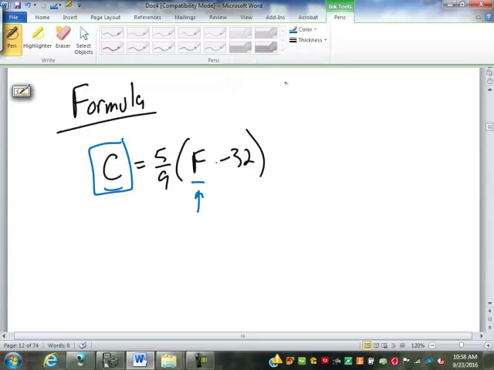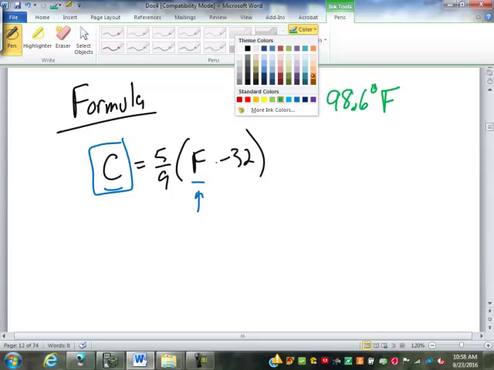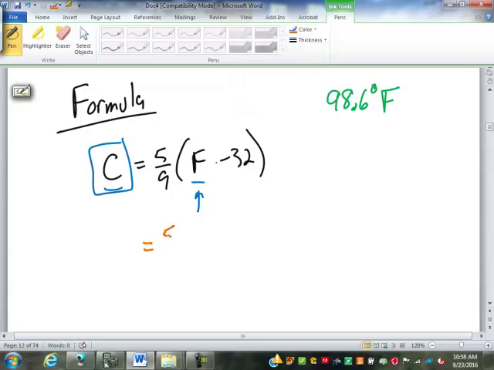So let's take a look. Let's say that we have 98.6 degrees, which is human body temperature, degrees Fahrenheit, and convert that into degrees Celsius. So we are now going to substitute in, we're going to evaluate this formula for F is 98.6.